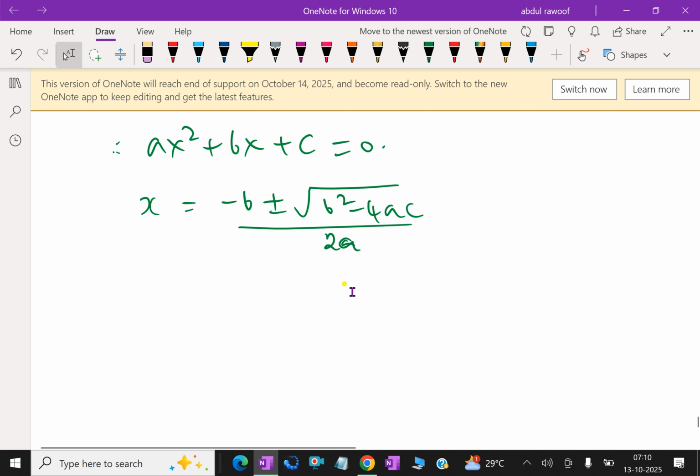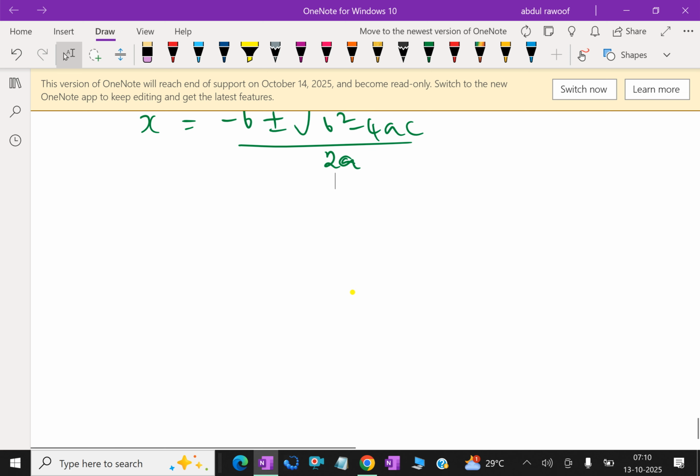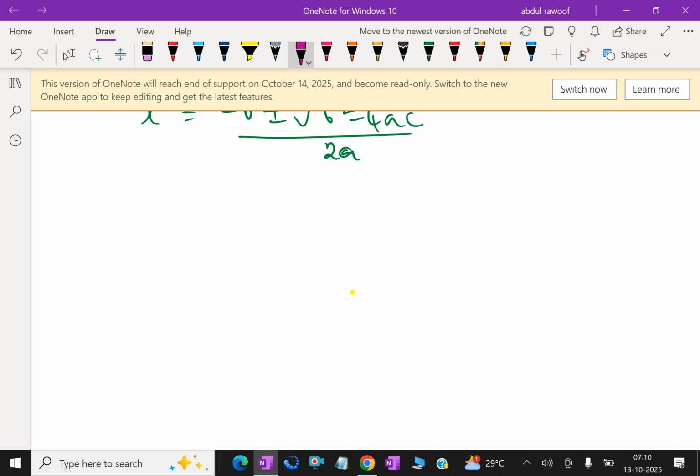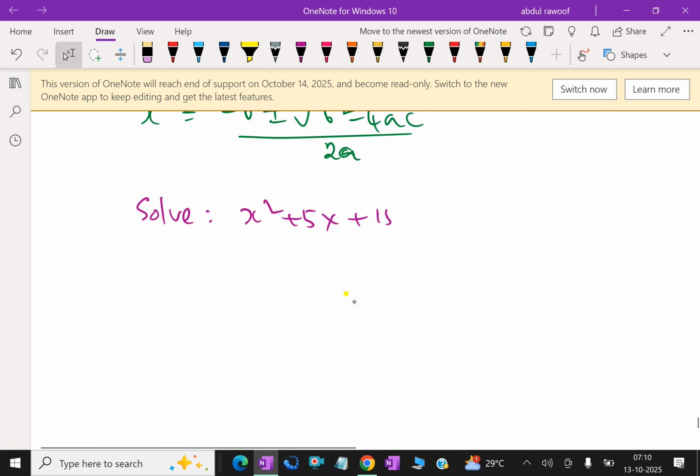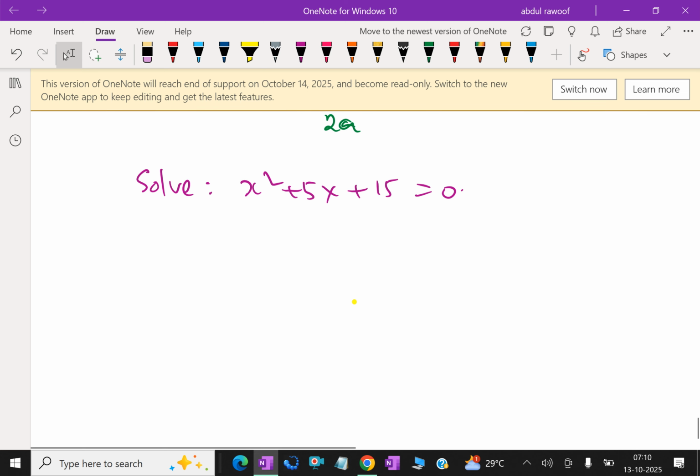Now, consider this equation. Let us solve x square plus 5x plus 15 equal to 0. This is a quadratic equation you have to solve. So over here, a equal to 1, b equal to 5, c equal to 15.